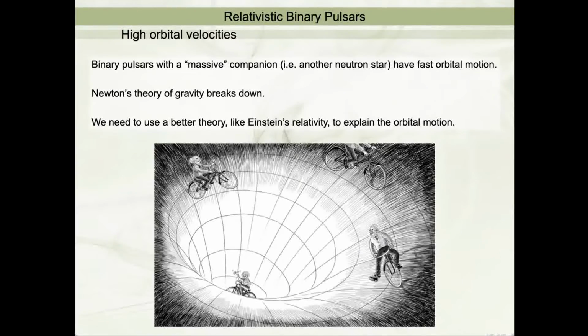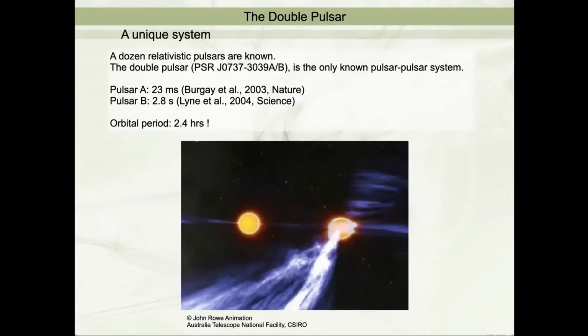But if you shrink the Sun to be 10 kilometers in size, and have another neutron star, also 10 kilometers, you could imagine putting them only a few 100,000 kilometers from one another and orbiting at very high speeds. And this is precisely what's happening in some of the pulsars that we observe.